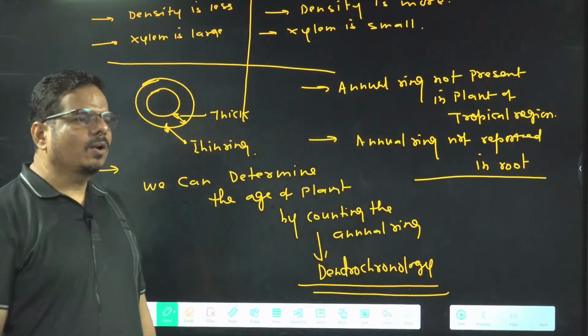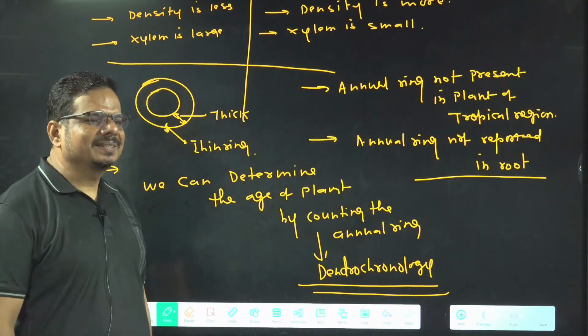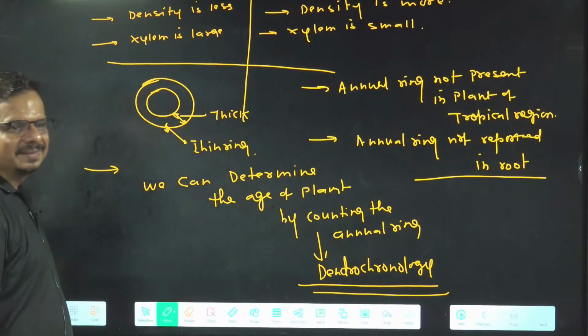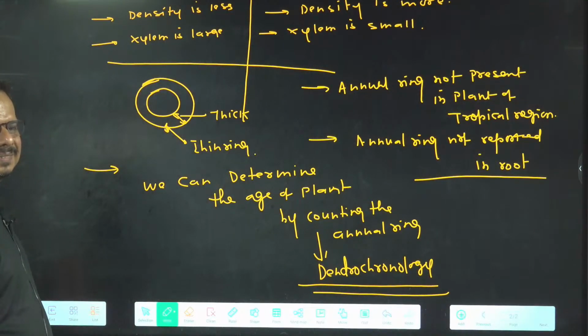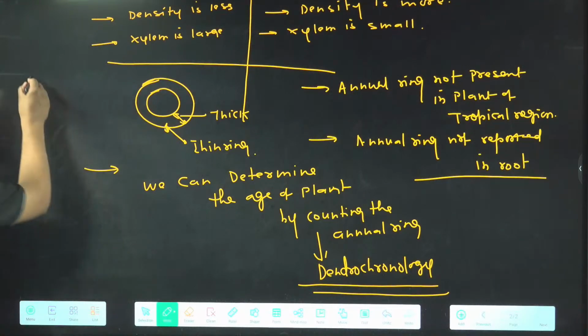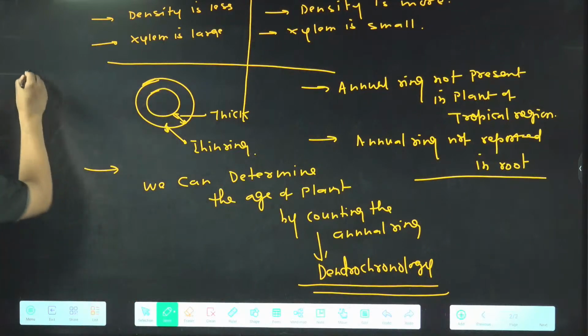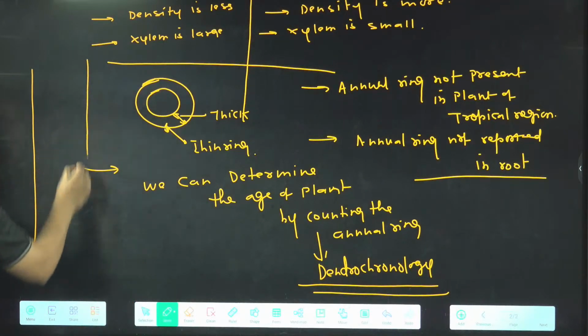Now I am asking a common sense based question. Try to answer it. May I ask? So there is a plant. Suppose that this is a trunk of a tree.